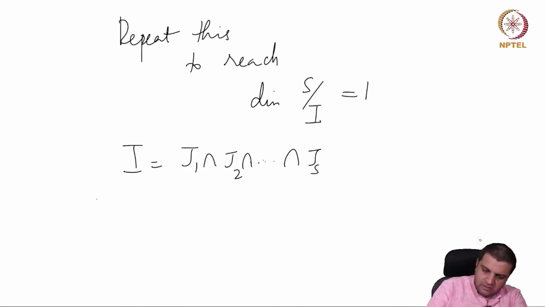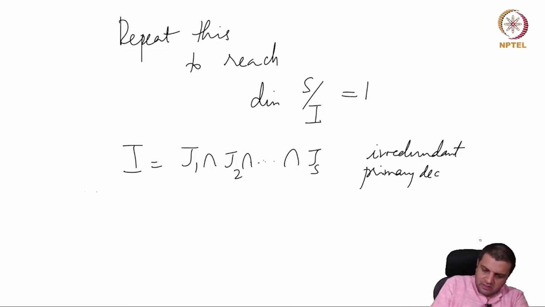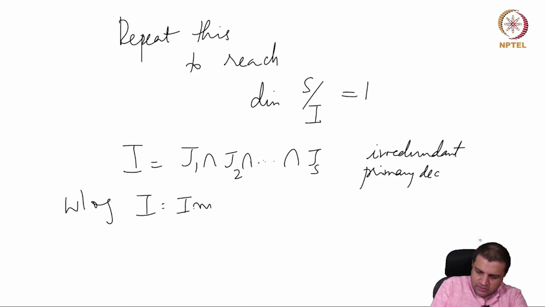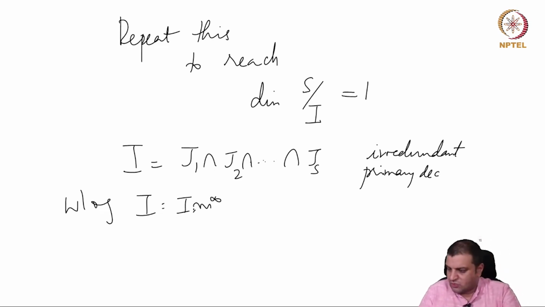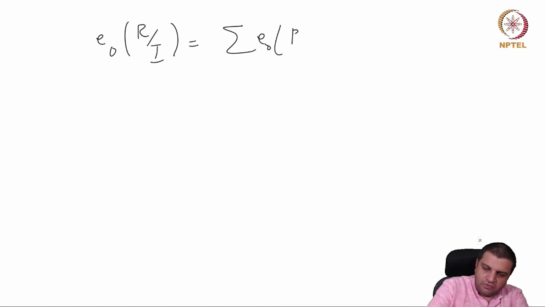This is an irredundant primary decomposition, and again without loss of generality I equals the saturation of M, so the maximal ideal is not associated with that list. Then it is just E0, since it is one dimensional: E0 of R mod I is the sum of E0 of R mod Ji, with i going from 1 through s.